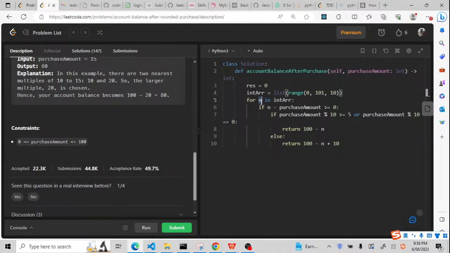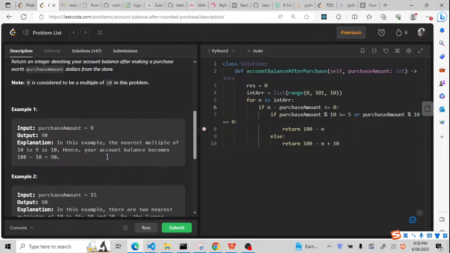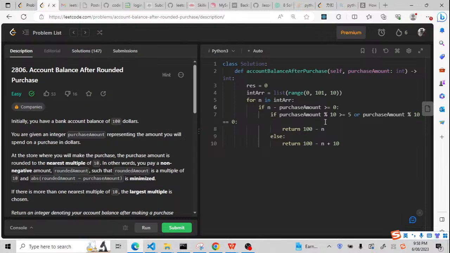For any integer inside my int array, I'm going to check if this integer minus the purchase amount is more than or equal to 0. It means it can be one of my results. There are conditions. One condition is if the modular is more than or equal to 5, it means it can be 5, 6, or 7, etc. I can just use 100 minus this number n.